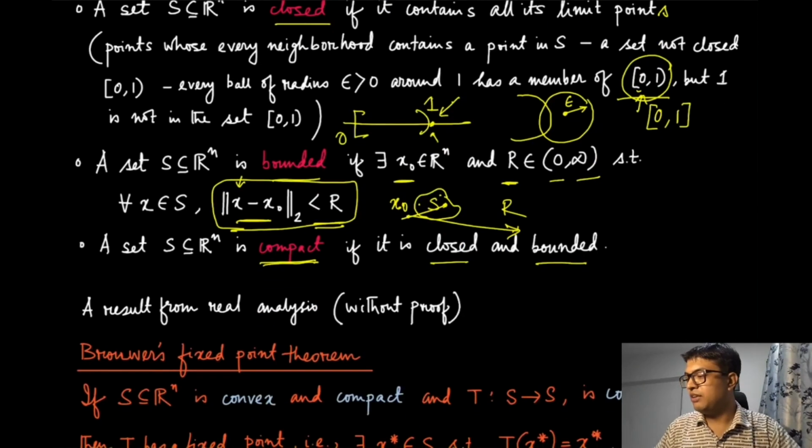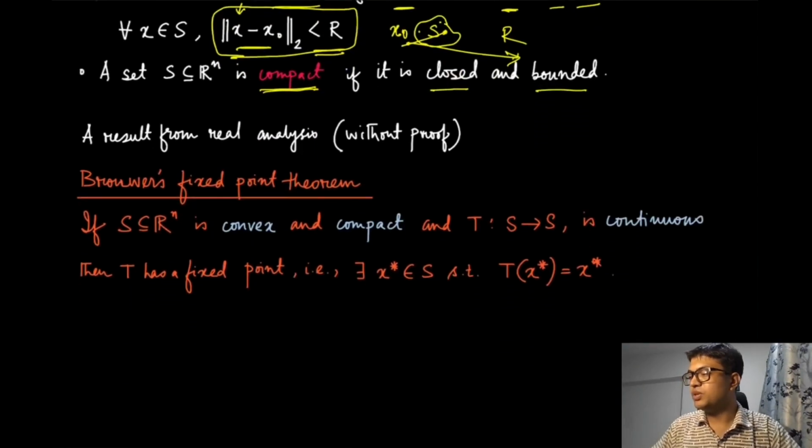Now a result from real analysis that we are going to state, which will be very useful in proving the Nash theorem, is called Brouwer's fixed point theorem. So what is a fixed point? A fixed point is nothing but a point that a function maps to itself.